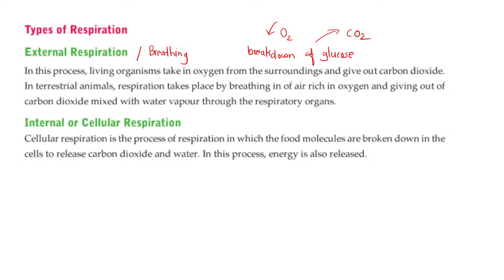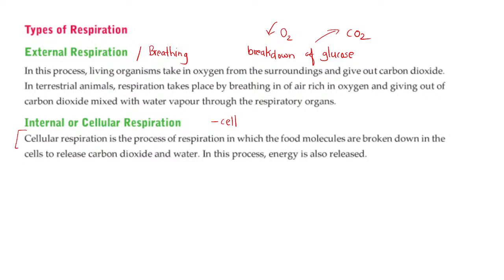Now, internal respiration is also termed as what? Cellular respiration. Why do we call it cellular respiration? As I already told you, the respiration takes place within each and every cell of our body, since our entire body is made up of millions and millions of cells, and within each of these smaller units called cells, respiration takes place.